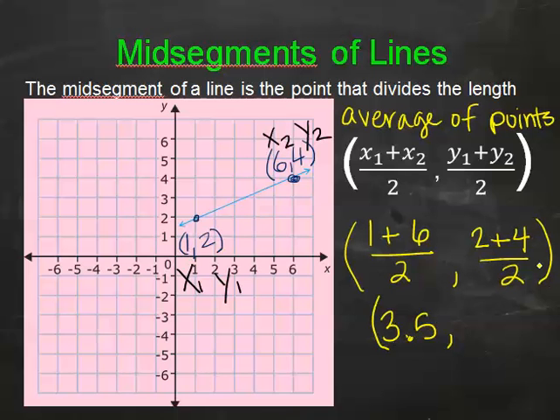And then my y value would be 2 plus 4, which is 6, and then 6 divided by 2, which is 3. So roughly on the graph, my midpoint would be right about here with the 3.5, 3.